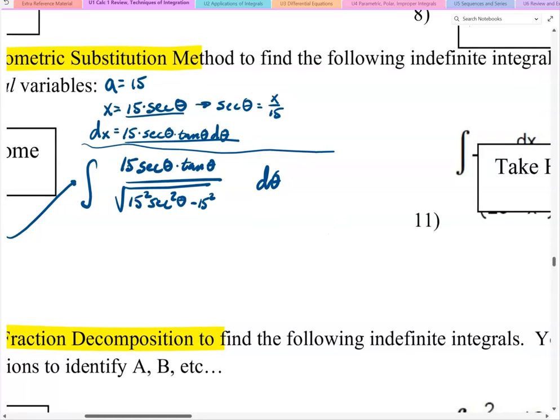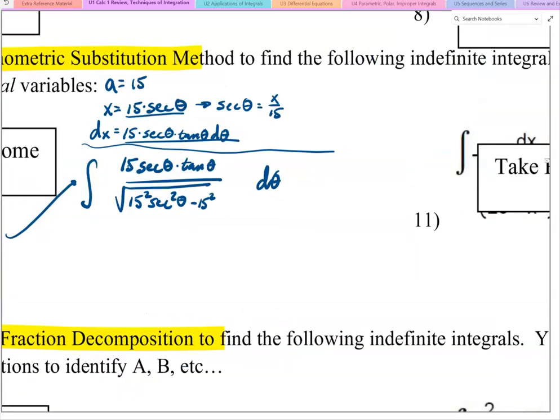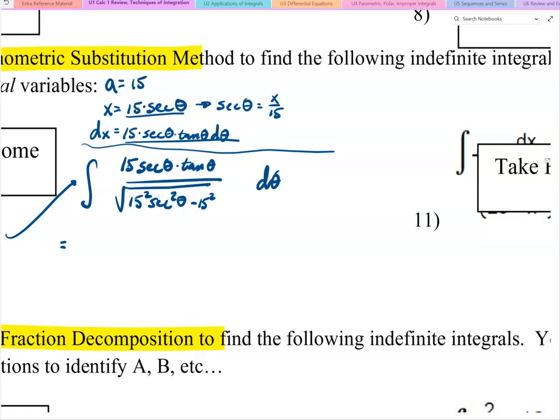So again, on our reference sheet over here, there was a note that if we see this format, a number squared, secant squared minus that same number squared, we can then use a trig identity to rewrite it as a squared tangent squared. So with that in mind, we'll make some modifications to the next line.